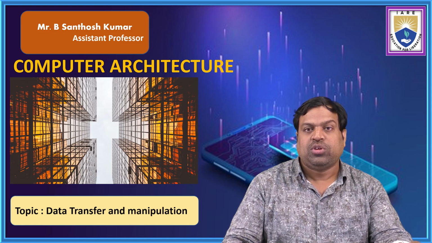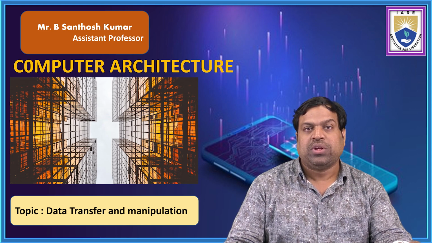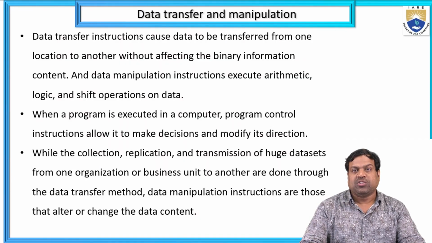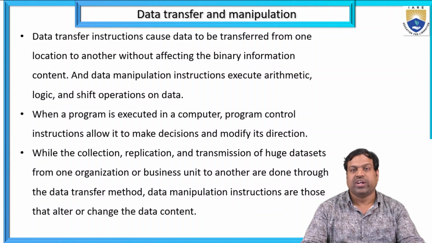Today I am discussing data transfer and manipulation. Data transfer instructions cause data to be transferred from one location to another without affecting the binary information content. Data manipulation instructions execute arithmetic, logic, and shift operations on data.